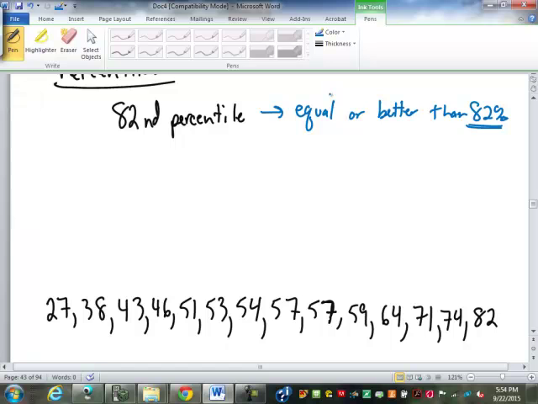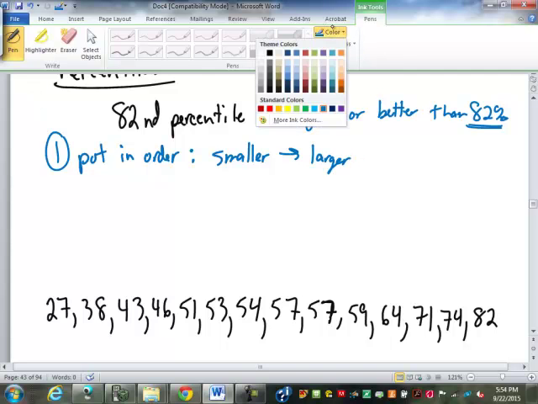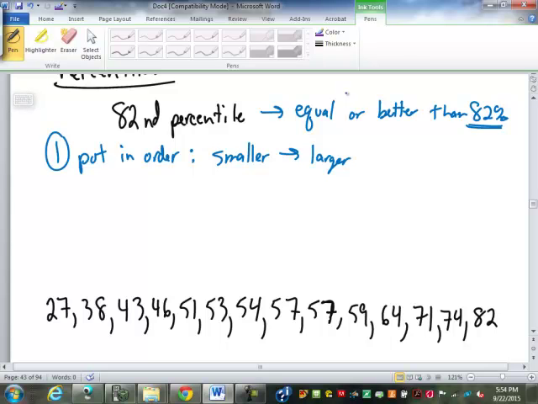Now the first thing we have to do for percentiles, just like with our median, is to put them in order. And generally, just like the median, we go smaller to larger. Once we've done that, which I already did with this set, when I created it, I put them in order.